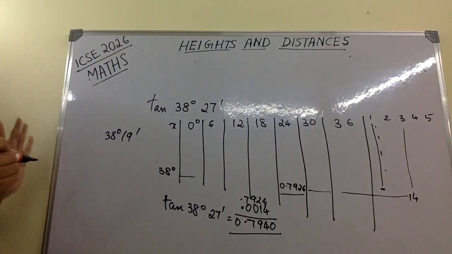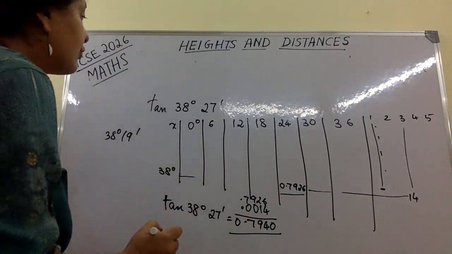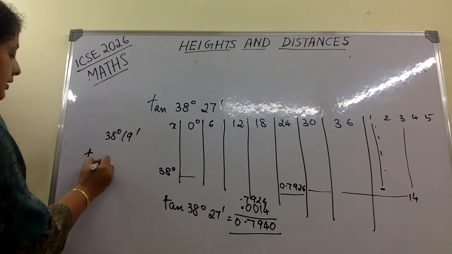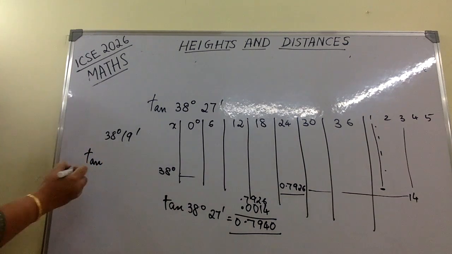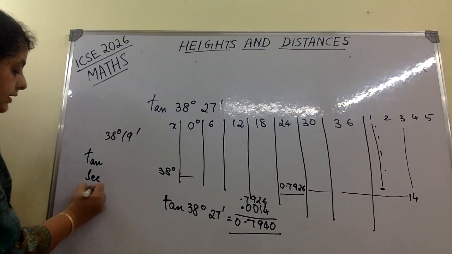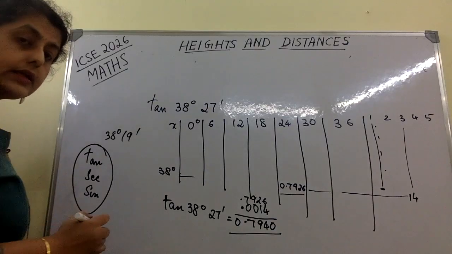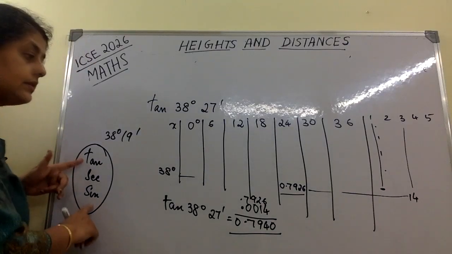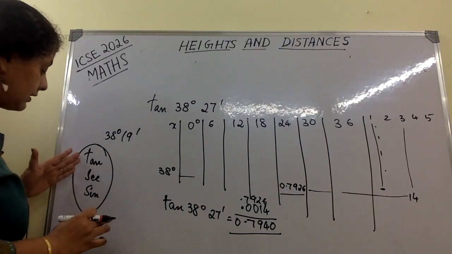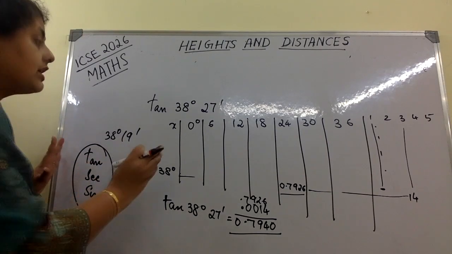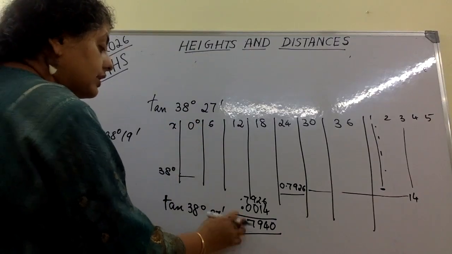Now there is another very important thing over here. For tan, sec and sine, these three are the ones where we have to add the mean difference, like we did here.